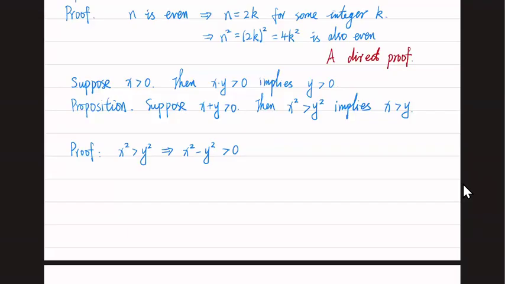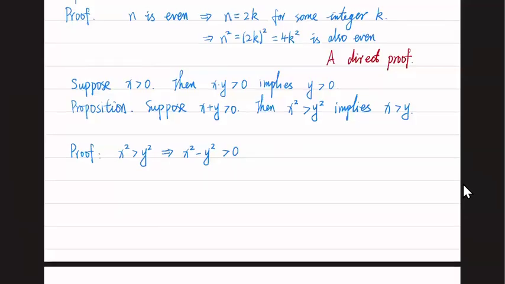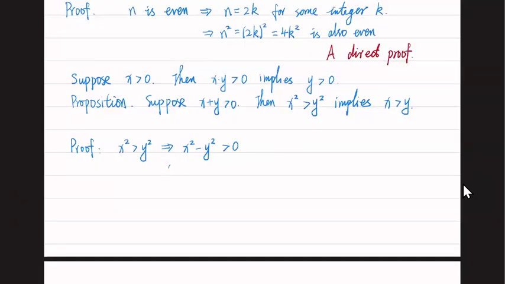Okay. Kira, the formula for the difference of two squares, do you remember that formula? x squared minus y squared equals, it would be the product of something.